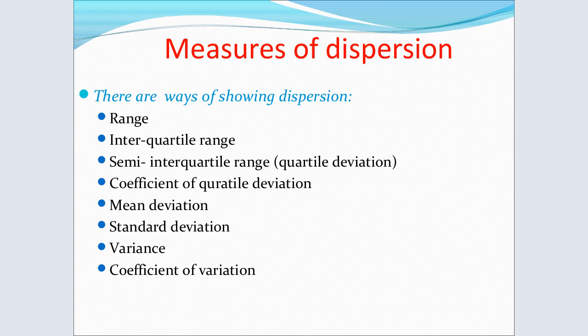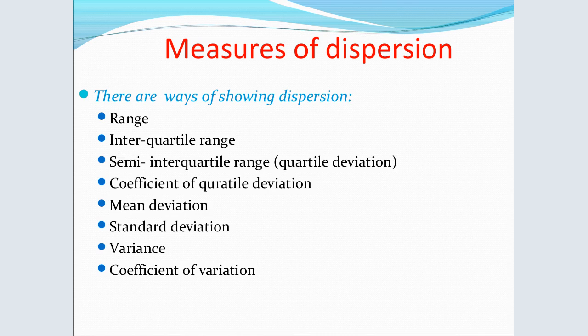So when we talk about the range, a small hint is given by, the range is the difference between the largest value and the smallest value. So it is the largest value in a given data set.